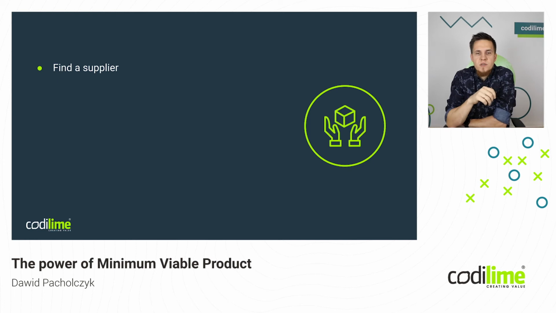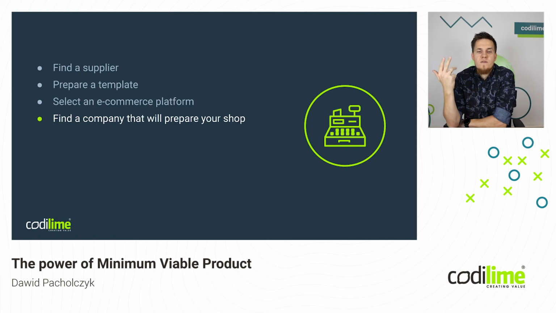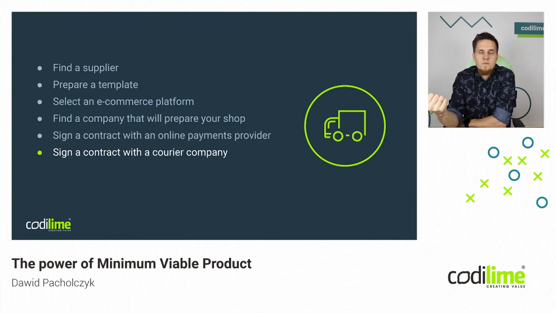So the first thing you need to do is to create a list of things that need to be done. It will look similar like this: find a supplier, prepare a template, prepare an e-commerce platform, find a company that will prepare your store, sign the contract with online payment supplier, sign a contract with the career company, and so on and so on.